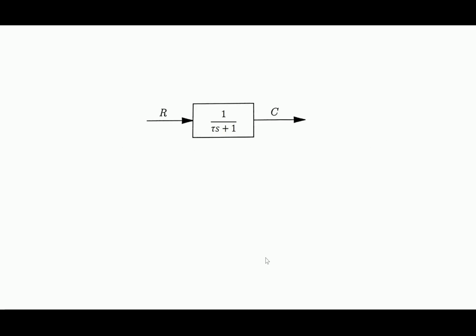Okay, so what I want to do for the rest of the time here is look at a common class of systems, the first order system. And that first order system has a transfer function that looks like what I've shown here. This is what I call the canonical form.